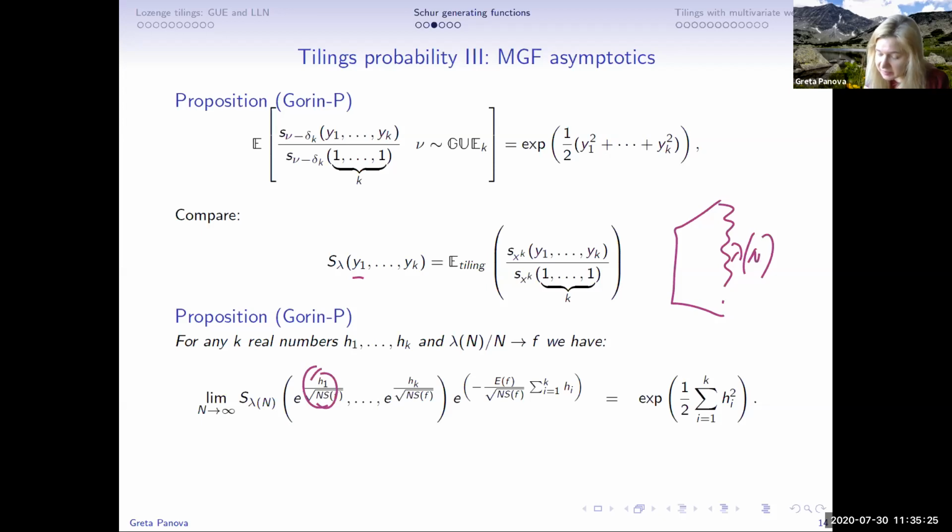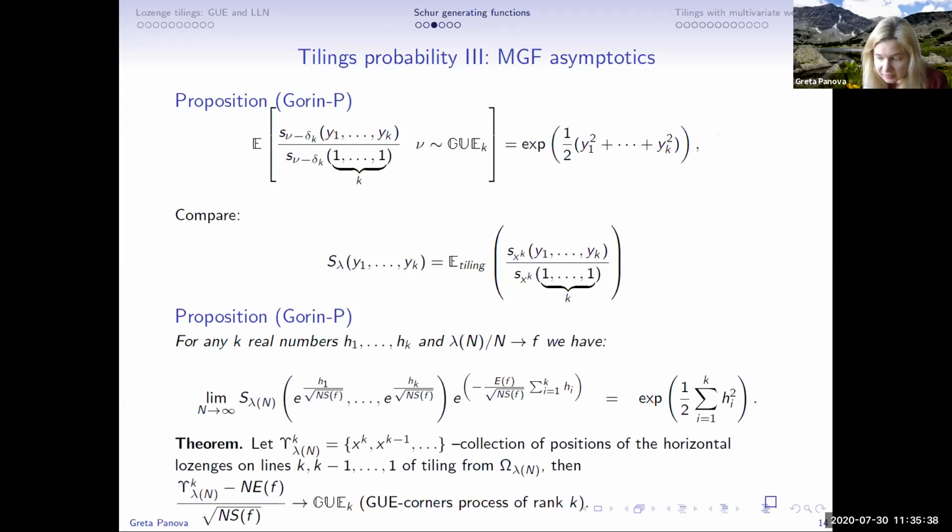Then this limit actually converges, and converges exactly to the Schur generating function for the GOE process. So we can state a probabilistic result from this. And of course, the corners process comes from the fact that we have Gibbs conditions, and that would give us the unique distribution in this case.